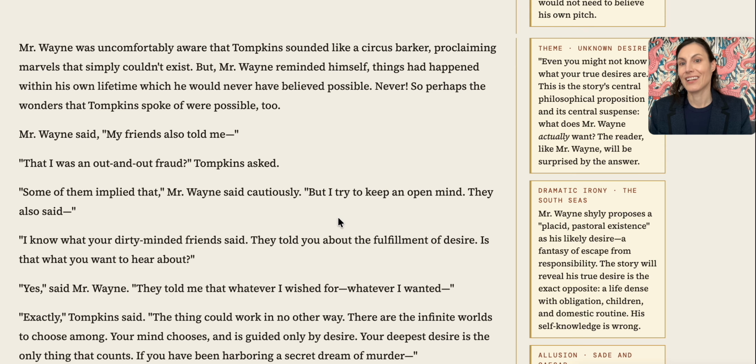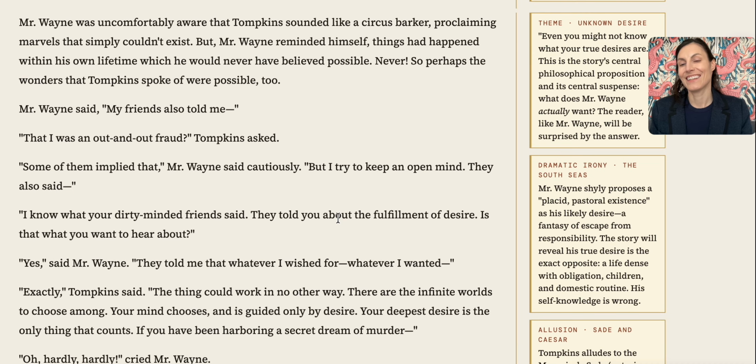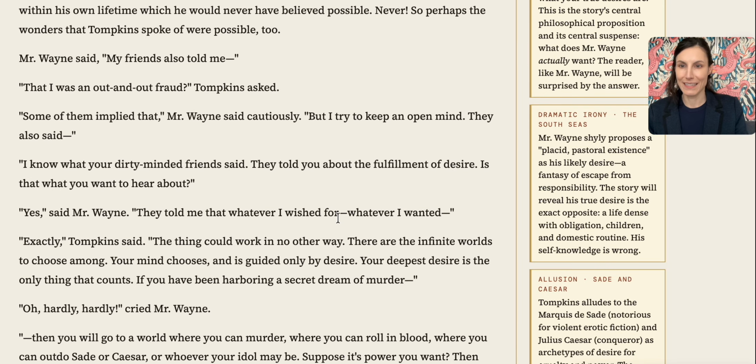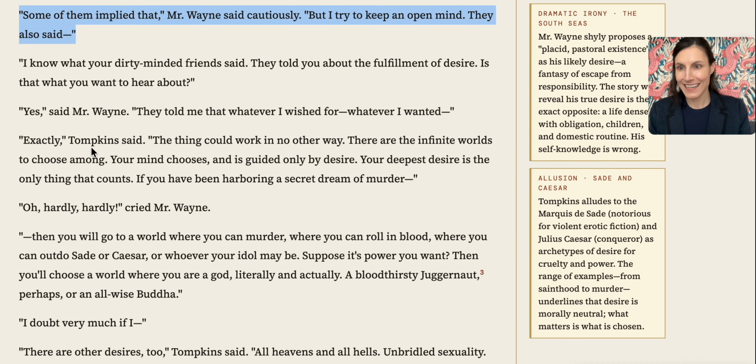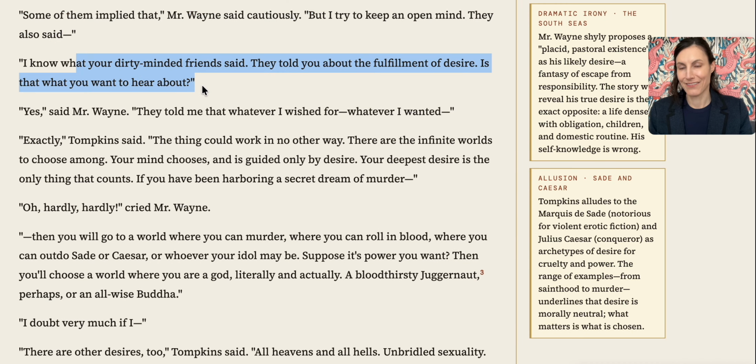Mr. Wayne is uncomfortable that Tompkins sounds like a circus barker. We could characterize Mr. Wayne as somewhat skeptical, but still open-minded because he went there. He says his friends told him about it. He says, I know what your dirty-minded friends said.